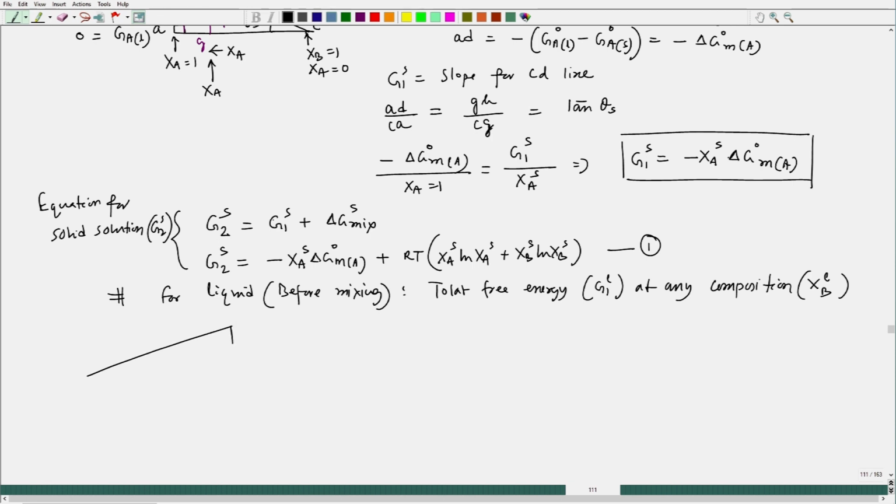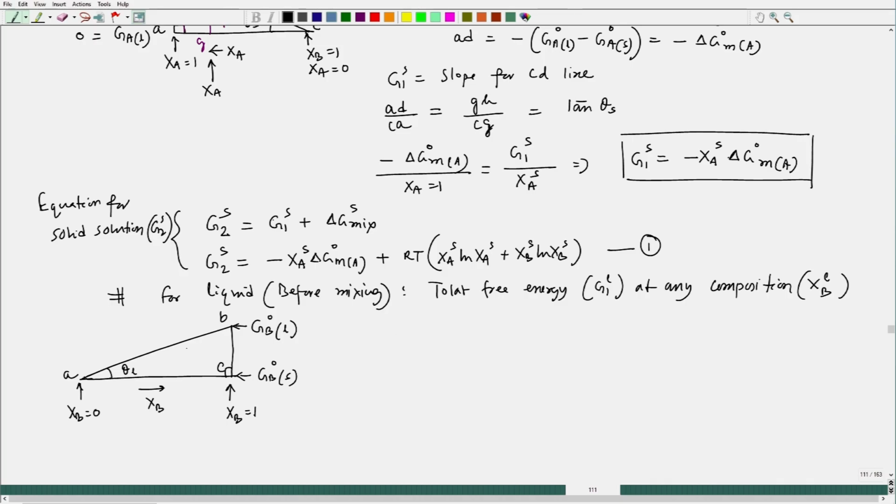This is the ABC triangle, and we will be doing it with respect to B, and this point is XB equal to 0, and we are varying the XB composition, and this point is GB naught liquid, and this is GB naught solid, and this is A, B and C. This is 90 degrees and this is theta liquid.